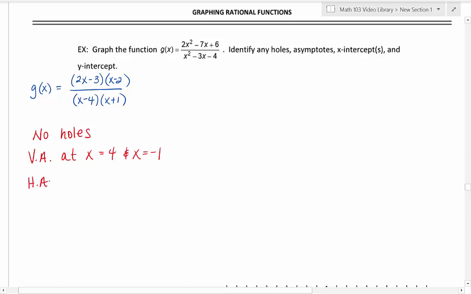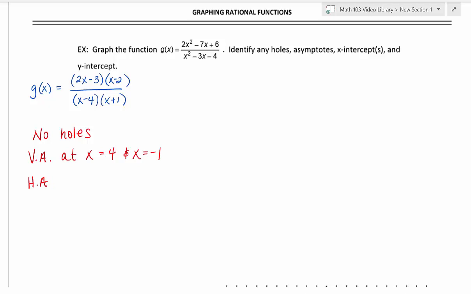Next, we're looking for horizontal asymptotes. This is where we compare the degree of the numerator with the degree of the denominator. I think it's easier to look at a multiplied out version, and since this didn't simplify, we can just turn our attention to the original. Here, the degree of the numerator is equal to the degree of the denominator.